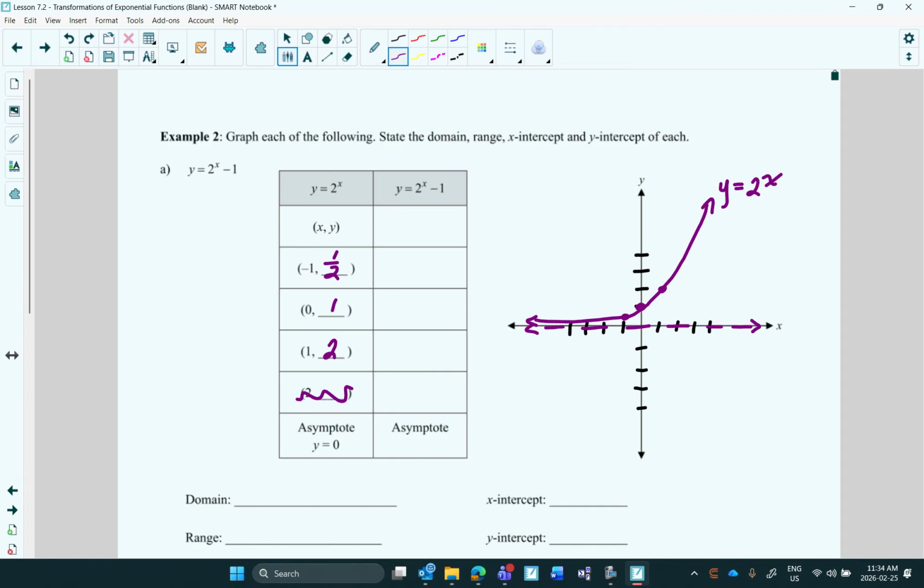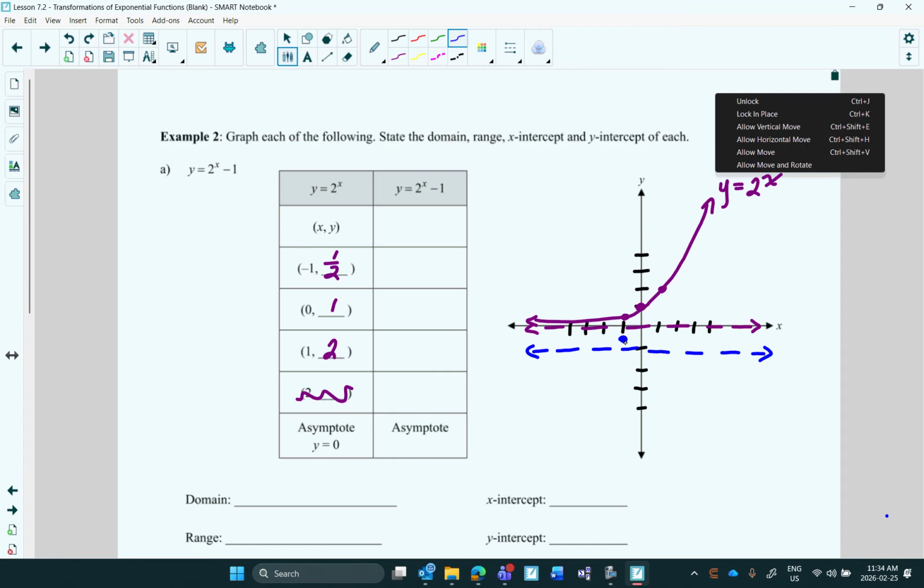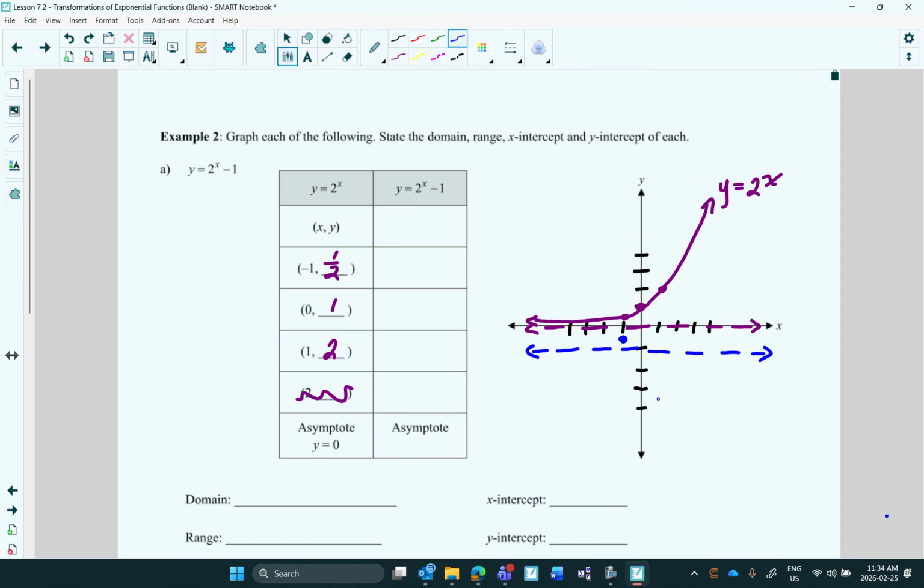I put it here, but just take every point and the asymptote and shift it 1 down. So the asymptote has to shift 1 down. This goes from a half to -1/2. This goes from y = 1 to 0. And this goes from y = 2 to 1. And it'll look like that.